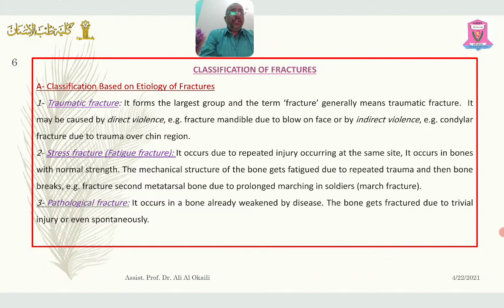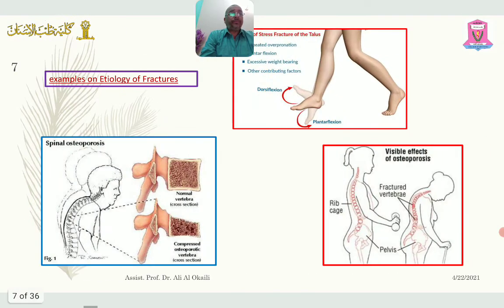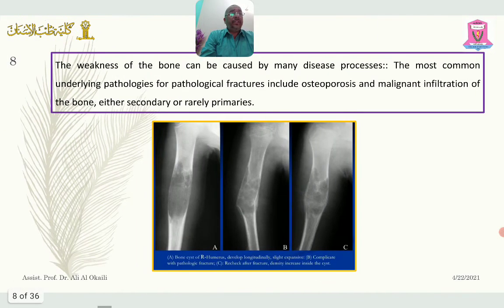It occurs in a bone already weakened by a disease, and the bone gets fractured due to trivial injury or even spontaneously. أحيانا وجود السيست malignant lesions بالبون تؤدي إلى fracture of the bone piece or bone fragments. فهنا عندنا الصور. هذا اللونج مارشنج نتيجة حمل زائد bearing of high weights كله ممكن يسوينا أحيانا إما direct fracture or indirect fracture.